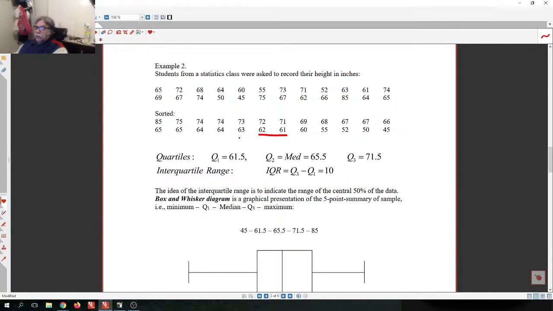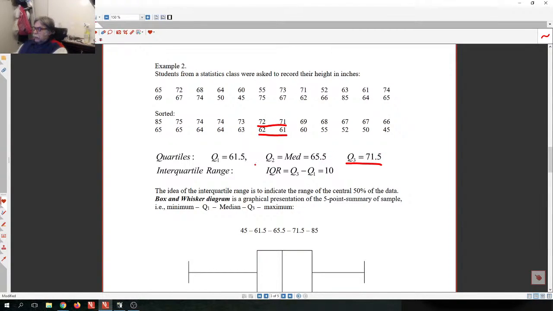You can count, right? 12 things, what's a half? 6. So the 6th and the 7th are the 2 in the middle, and therefore this will be 61.5. And the same thing in the top half, I have 72 and 71. The average is 71.5. That's quartile 3.